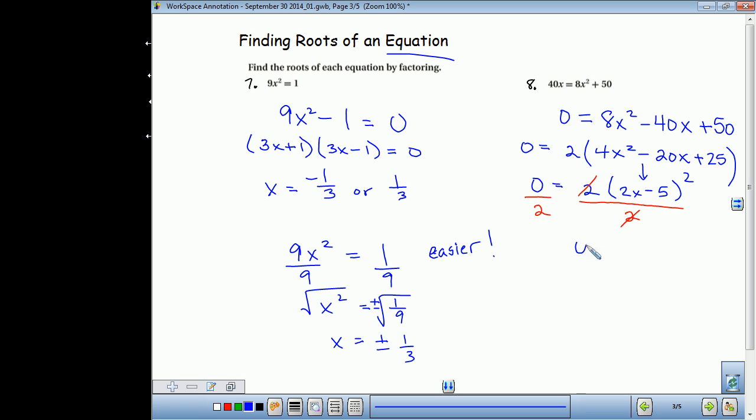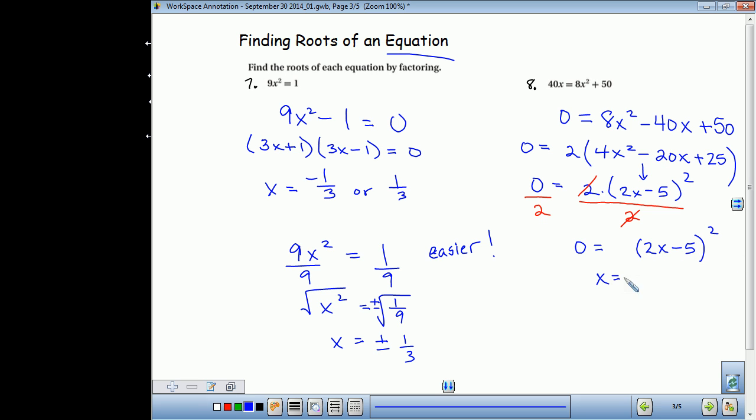And 0 divided by any number is still 0, isn't it? So, did that 2 matter? No. Now, if it had said 2x out here, would it have mattered? Yes. But because it was just the constant 2, and it's an equation, not a function, it's not going to change my outcome. So, now I know that this is 2x minus 5 times 2x minus 5.